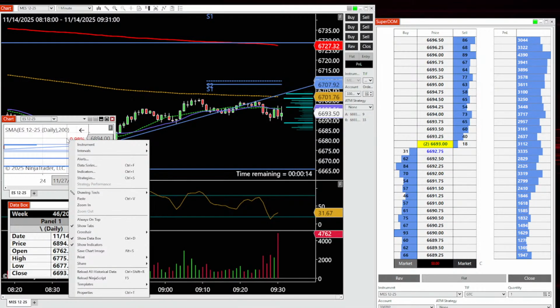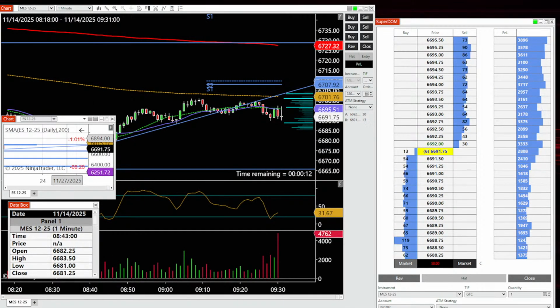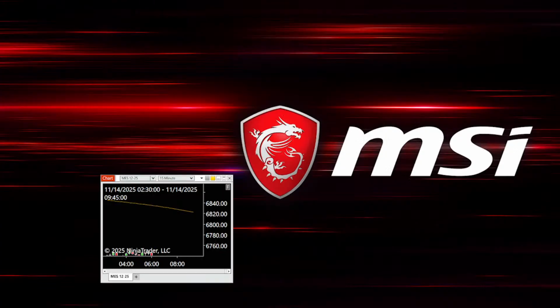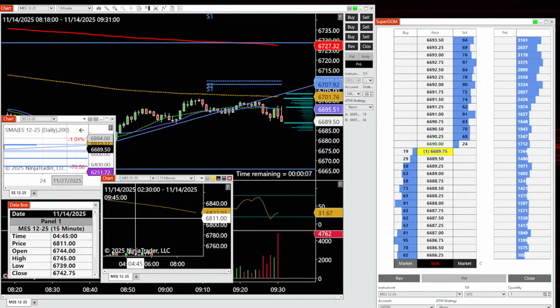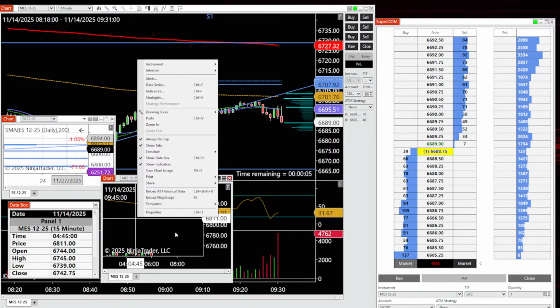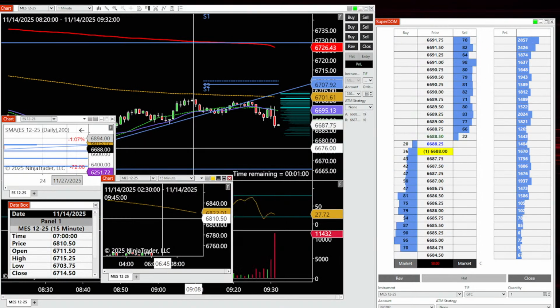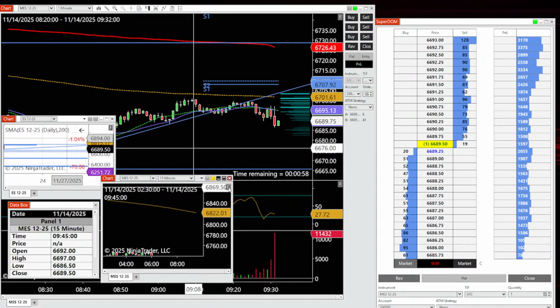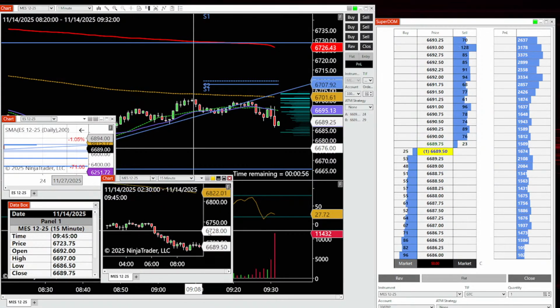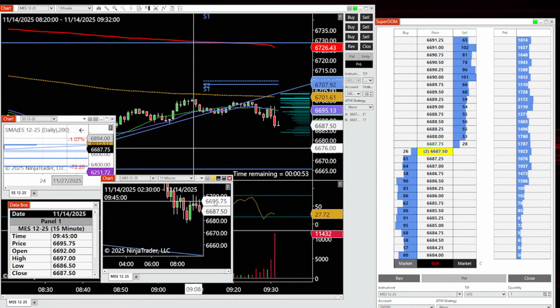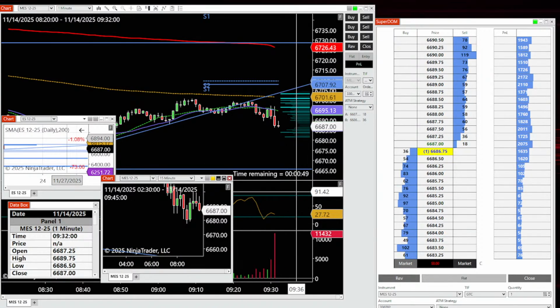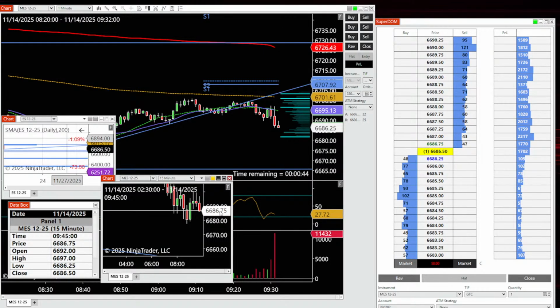Okay, I gotta put this back on top, always on top. And my 4-hour chart. Where's my 4-hour chart? There we go. 4-hour chart looks pretty good for a down move.